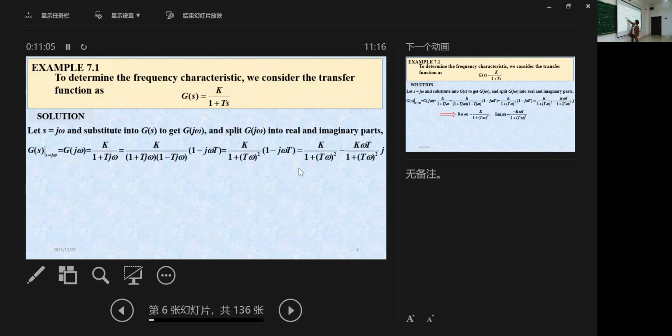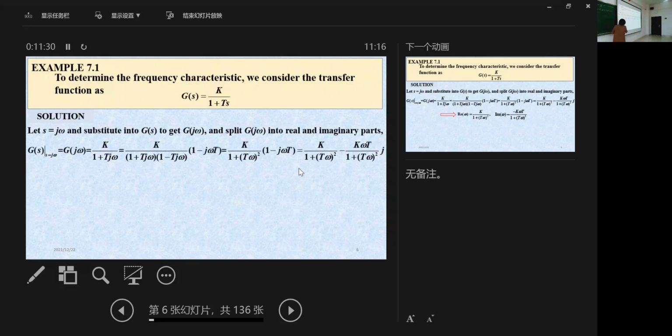First, G(j omega) is K over 1 plus T s, still K, still 1, still T, but s changes to j omega. And from here, j is a complex number, and the coefficient j marks the imaginary part.